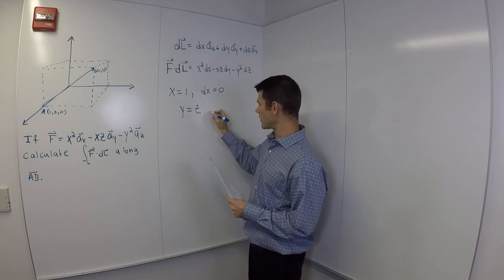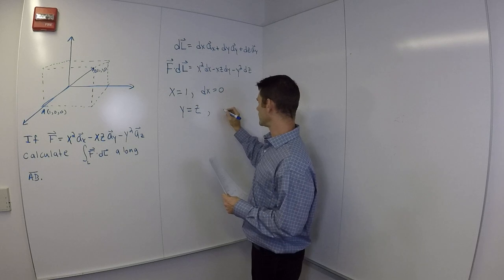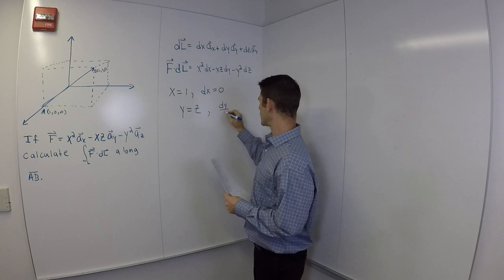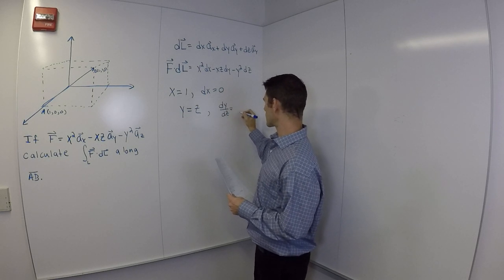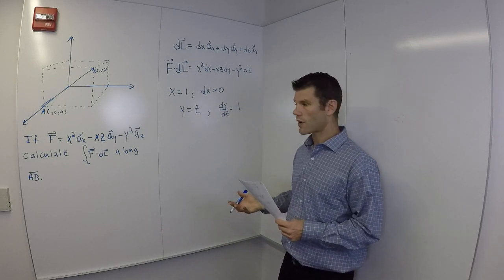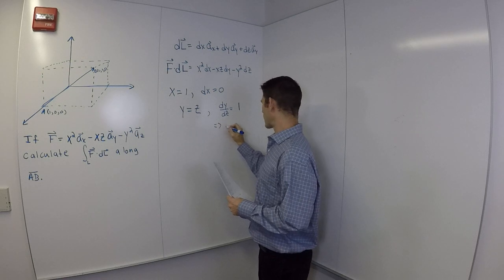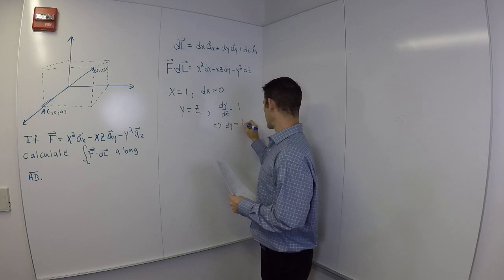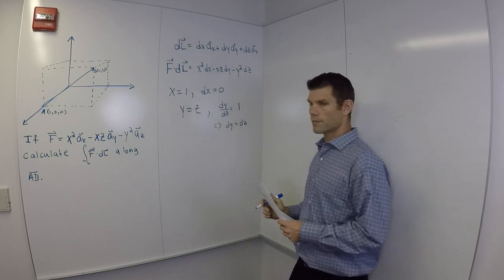So then we can take the derivative of y with respect to z. So dy/dz is just going to be equal to 1 because the derivative of a first order term is a constant. And then solving this equation, we can say that dy is simply equal to dz. Okay?